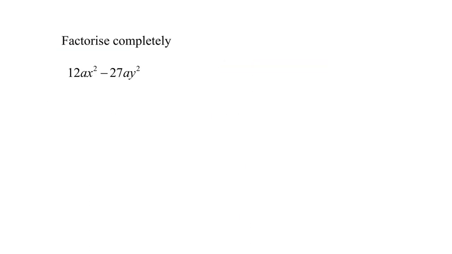Hello everyone. For this question where we are required to factorize completely this particular expression here, again I saw something. I saw that 12 and 27, a and a, there is a common factor. Okay.